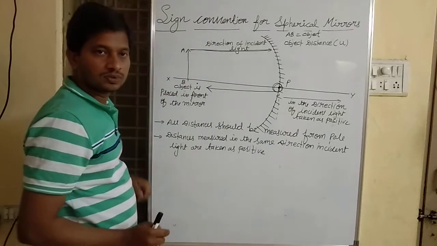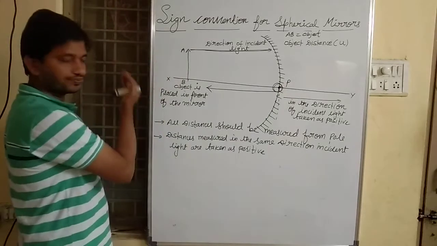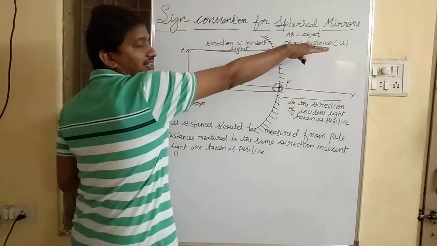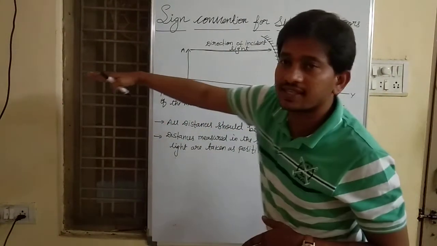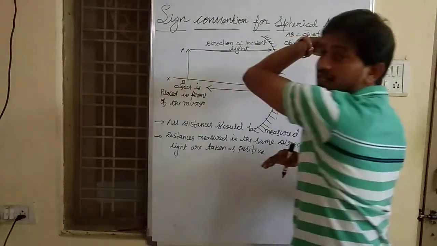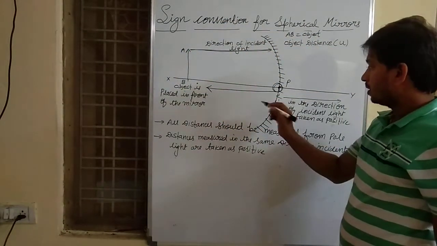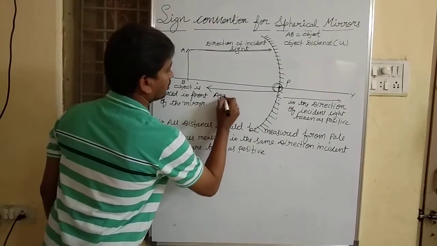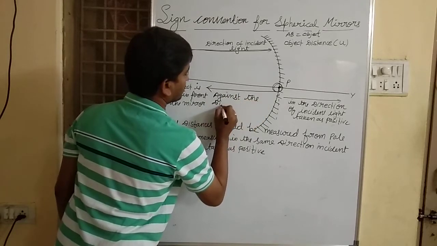Suppose we are measuring from the pole against the direction of incident light.